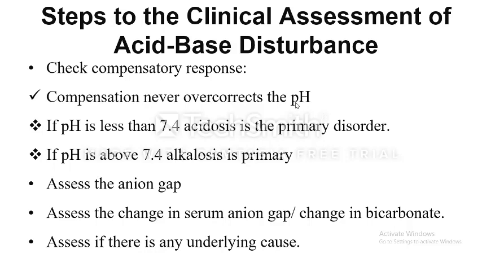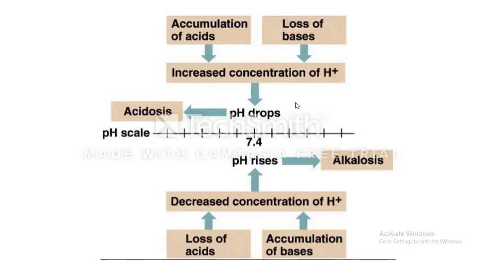Then we assess the anion gap; we will see in detail what the anion gap is. Assess the change in serum anion gap over the change in bicarbonate, so we check this ratio. Then we assess if there is any underlying cause for this acid-base disturbance, so that we can remove that cause.